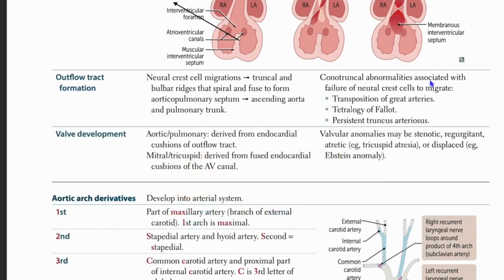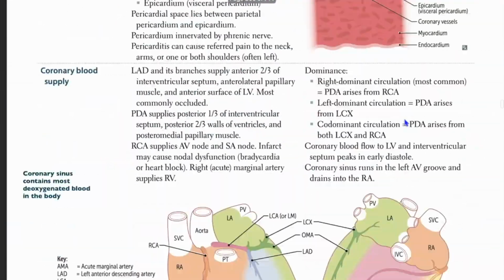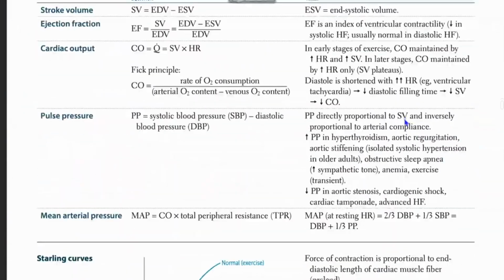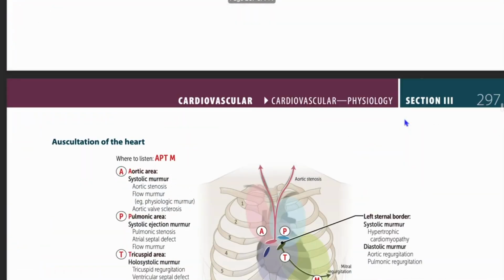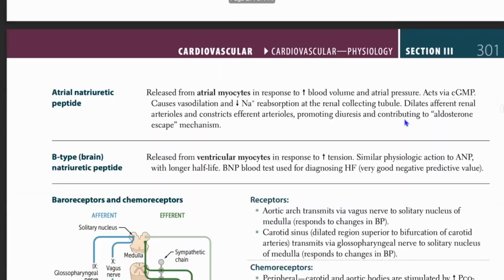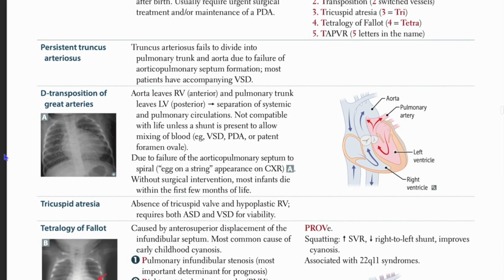Conotruncal abnormalities are associated with failure of neural crest cells to migrate. So you're going to have transposition of the great vessels. Okay, transposition of great vessels.